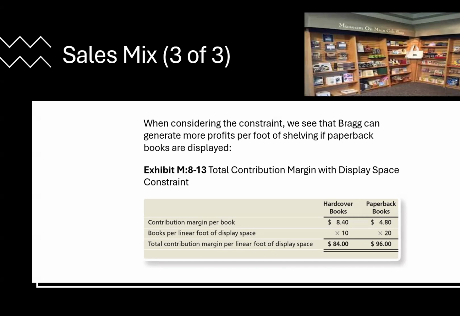So the management at Bragg has determined that each linear foot of bookshelves can display either 10 hardcover books or 20 paperback books. According to the decision rule for the constraints, the focus should be on the product with the highest contribution margin per unit of the constraint.